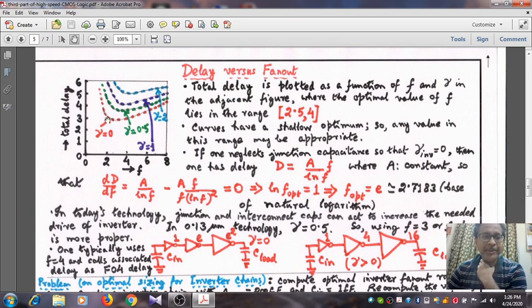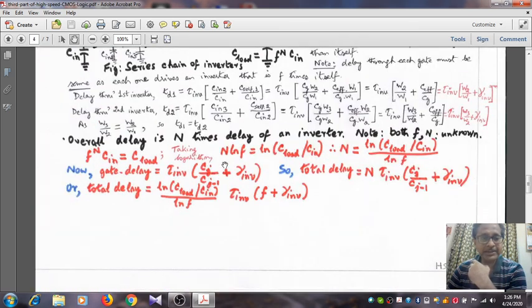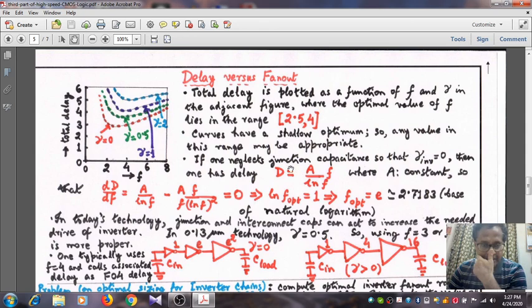For gamma equal to 0, log of C load by C in times tau inverter is constant, so it becomes A into F by log of F, where A is a constant.